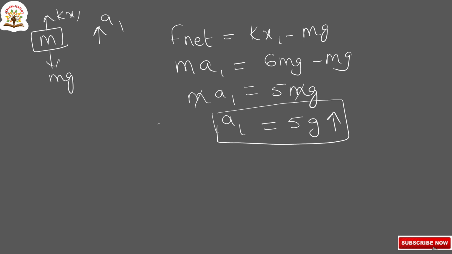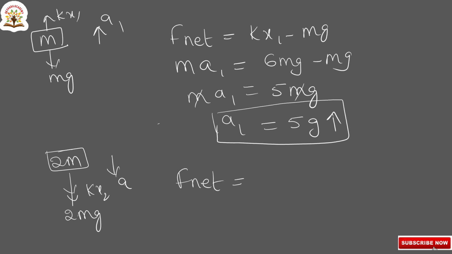And the next one, block 2m, has kx3 downward and downward weight 2mg. F net is equal to kx3 plus 2mg.